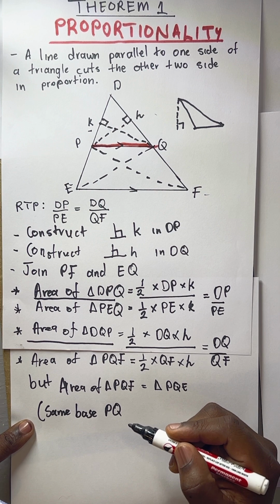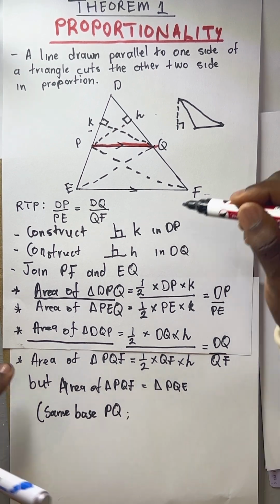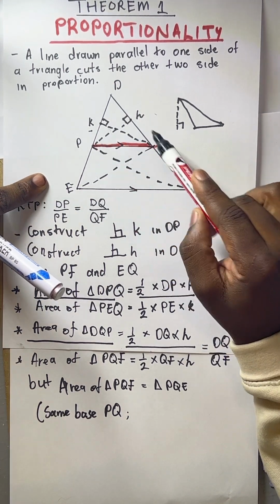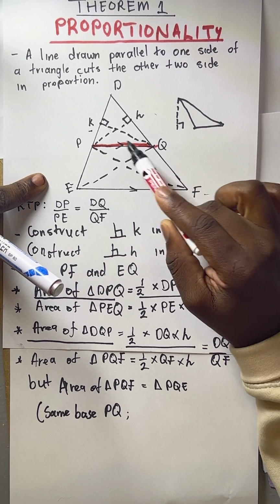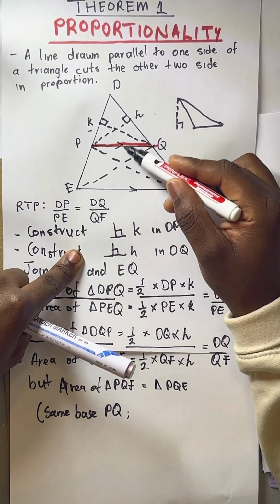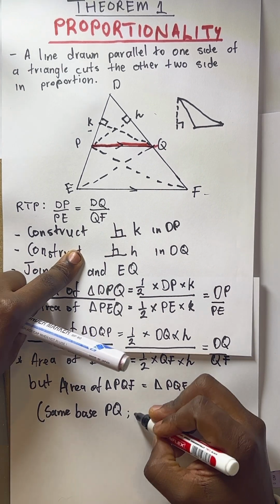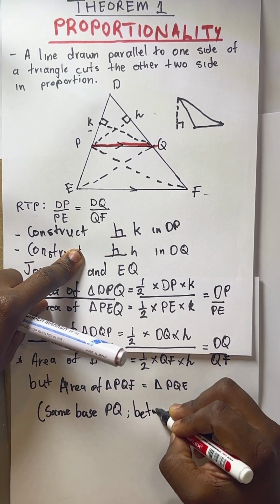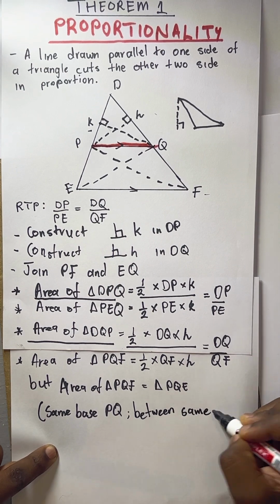And also, what else can you say? Can you see that both of these triangles, your PQE and also your PQF, are found between the same parallel lines, right?